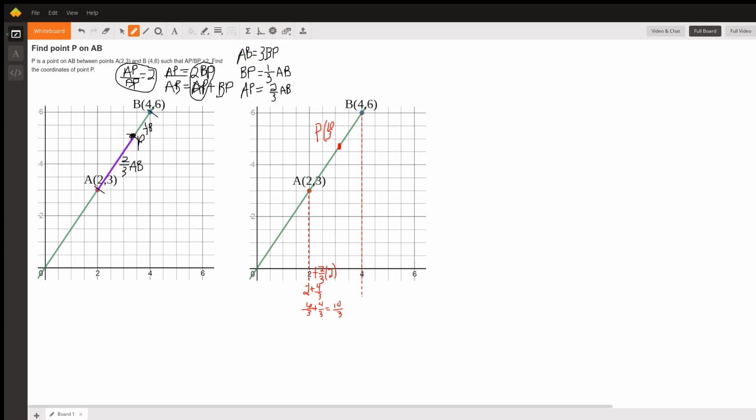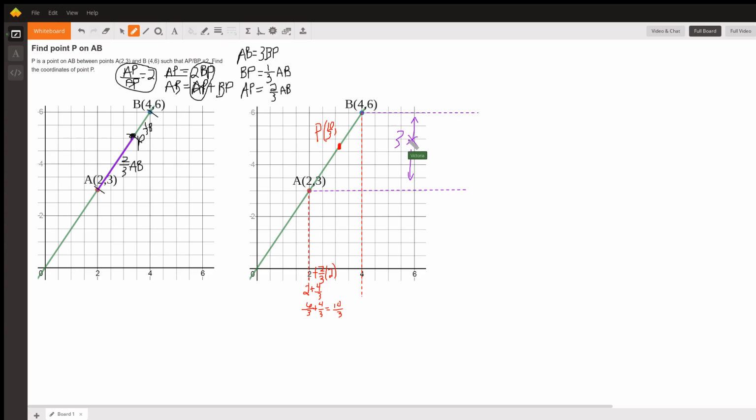Now, if I look at just the y's, y goes from 3 to 6, which makes this 3 units from here to here.